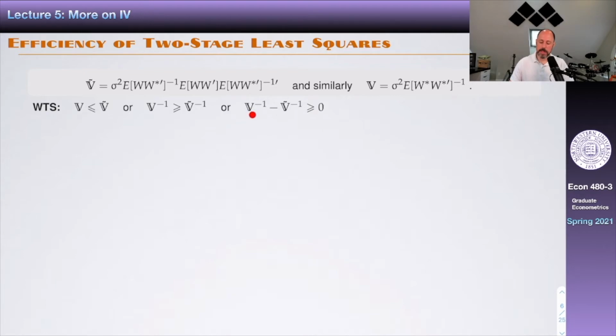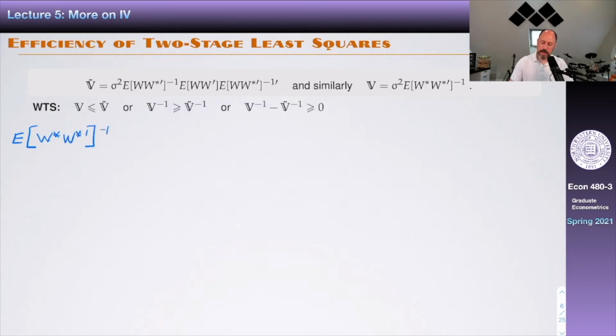The difference between B inverse and B tilde inverse is greater than or equal to 0. The advantage of working with the inverses here is that it just simplifies expressions. Notice that I don't need sigma squared for these arguments. So I'm going to write this difference as the expected value of W star prime inverse.